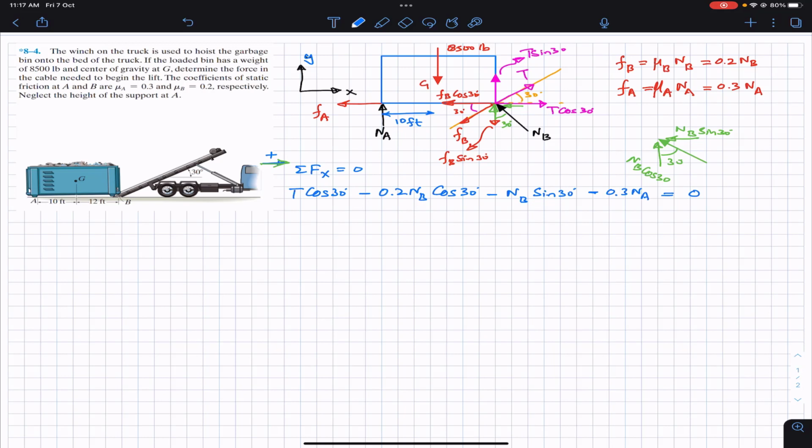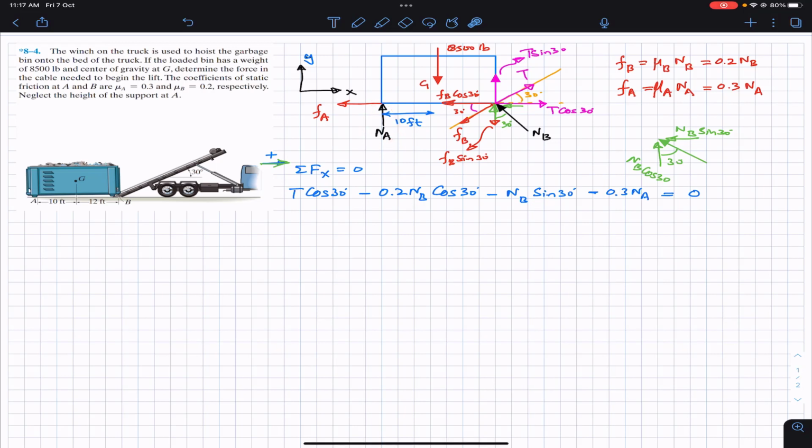As we can see, since we have applied the summation of forces along x, we have this one equation and three unknowns: T, NB and NA. If we apply the summation of moment about point B, that equation will give us the magnitude of NA.